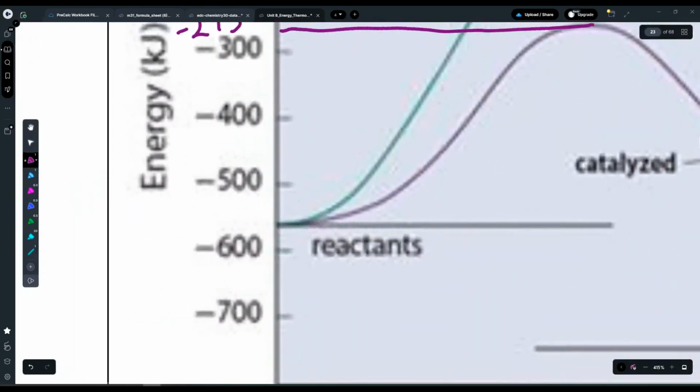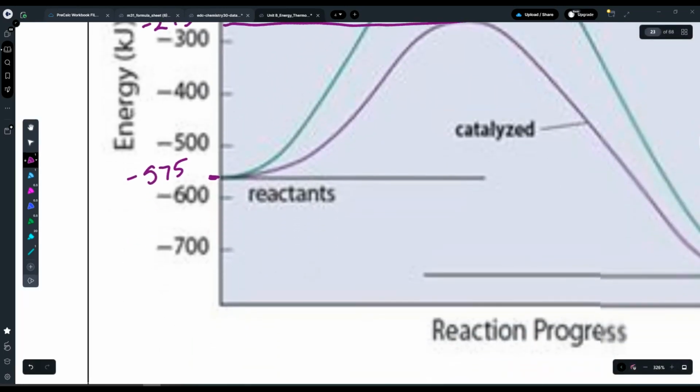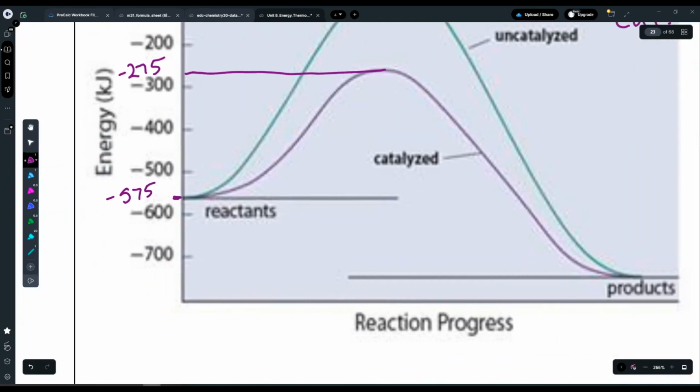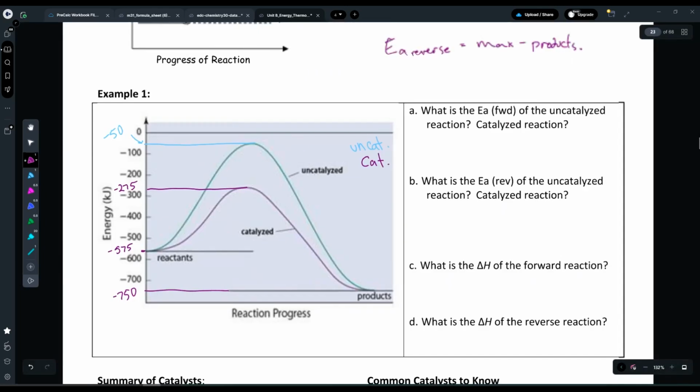For our reactants here, I'm going to say that's negative 575. And for the products here, I'll say that's negative 750. All right, so now that we have some values, we can get to work on this.